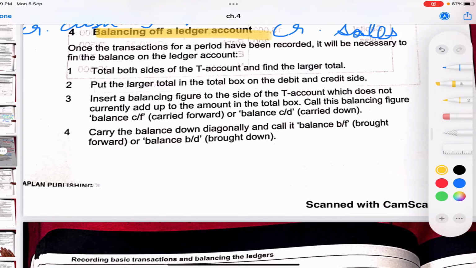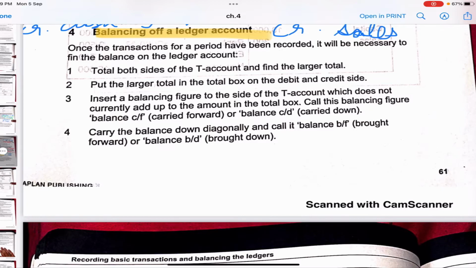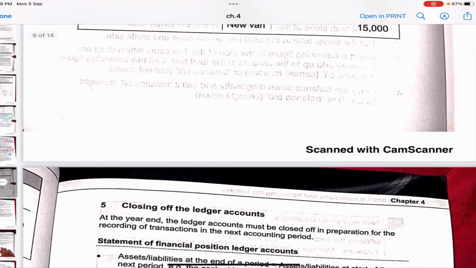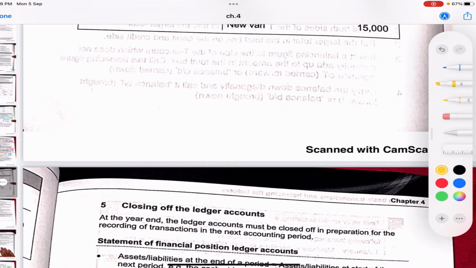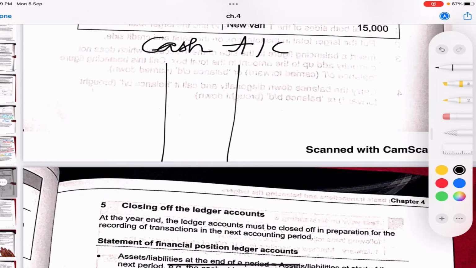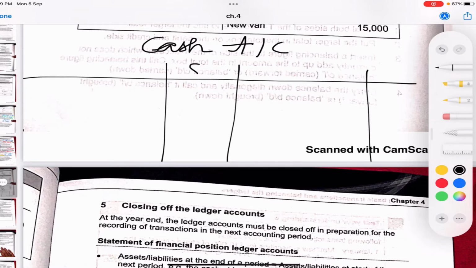Okay, now don't get worried, I'll first explain to you. Let us assume that this is our journal. Let's take the cash account. Let's just assume that this is a cash account. Now I'll tell you how balancing works. Even though most of you know this, I'm still explaining it.